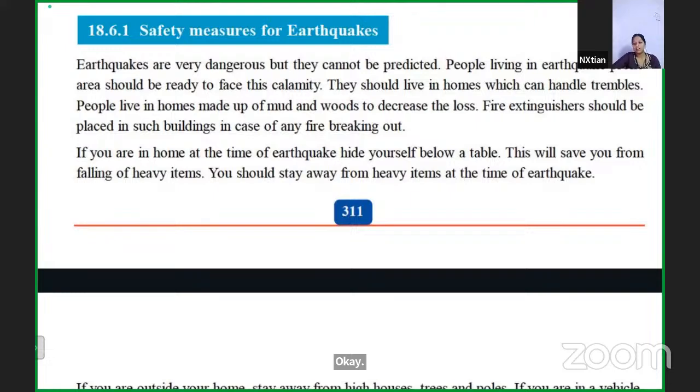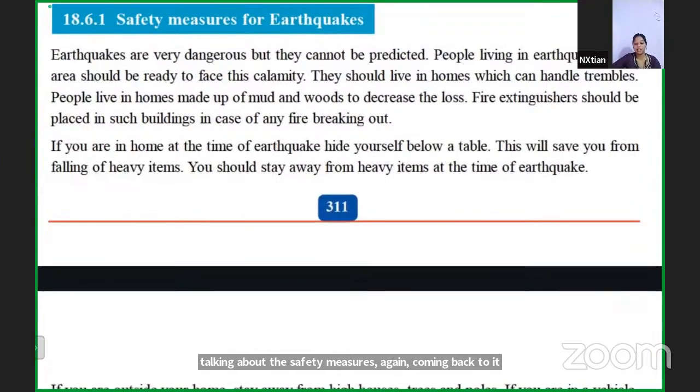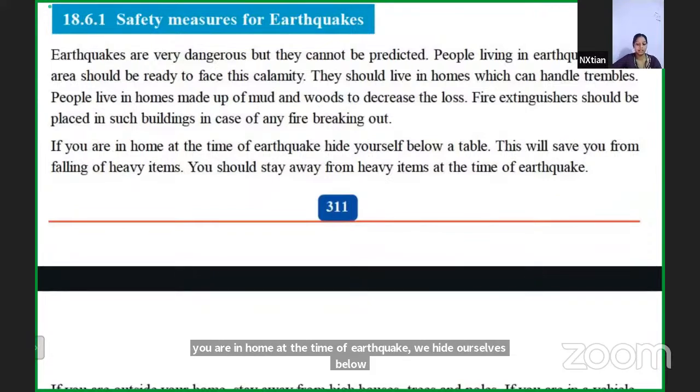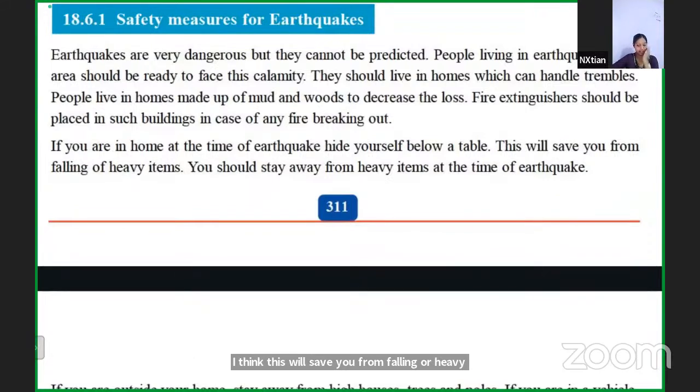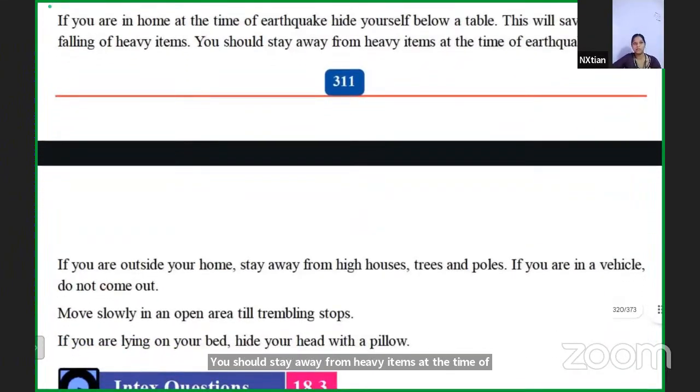Now, coming back to the safety measures, if you are at home at the time of an earthquake, we hide ourselves below a table. This will save you from falling heavy items. You should stay away from heavy items at the time of an earthquake. Hiding under the table or the bed is so that the concrete or material from the roof doesn't fall on us.